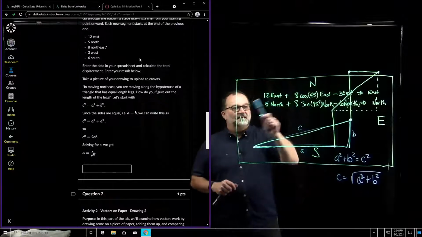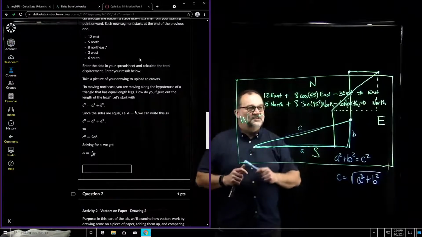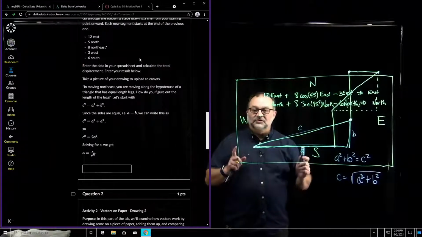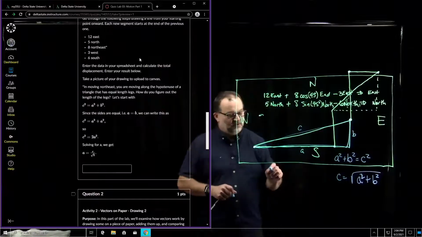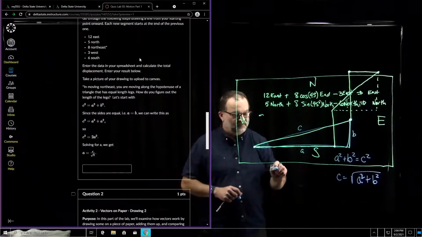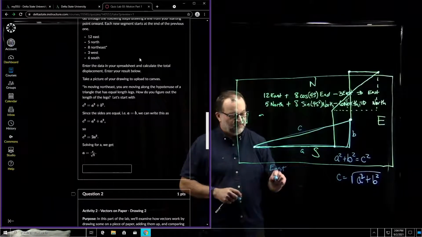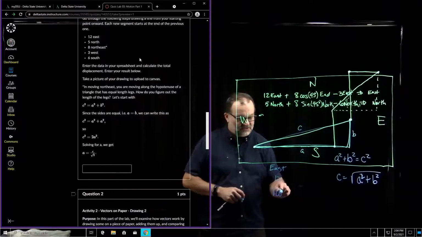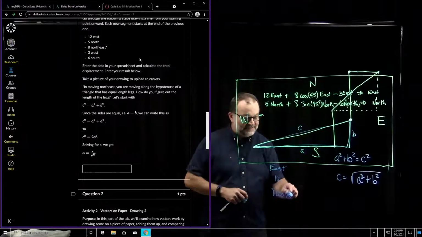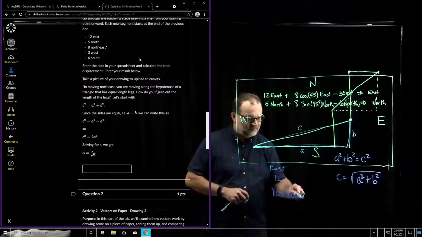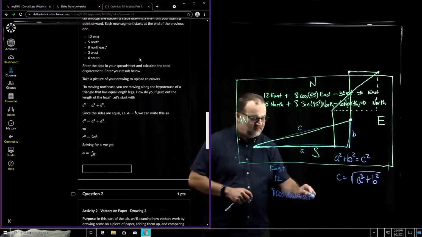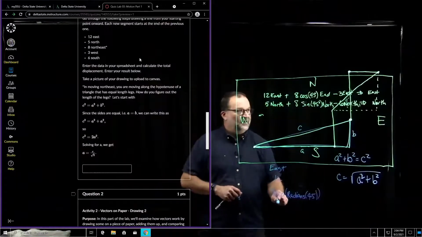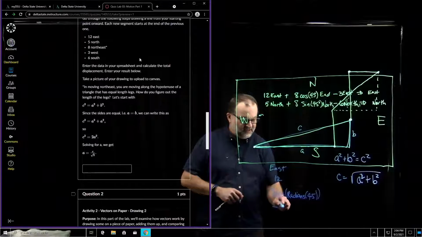And so east, in your spreadsheet, you're going to have for east, 12, you're going to have 8 cosine of radians of 45, and you're going to have minus 3.